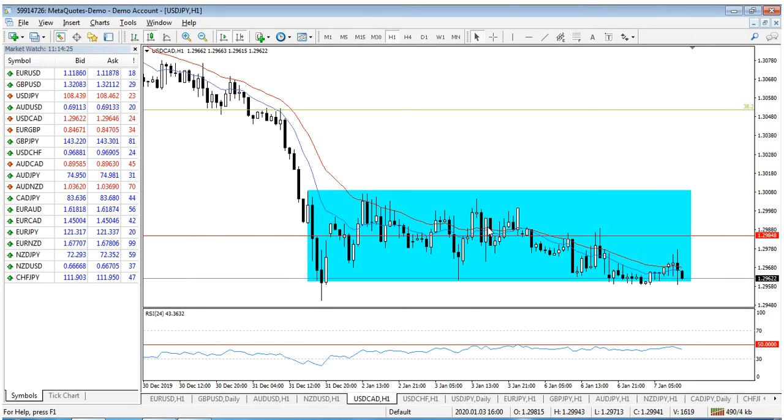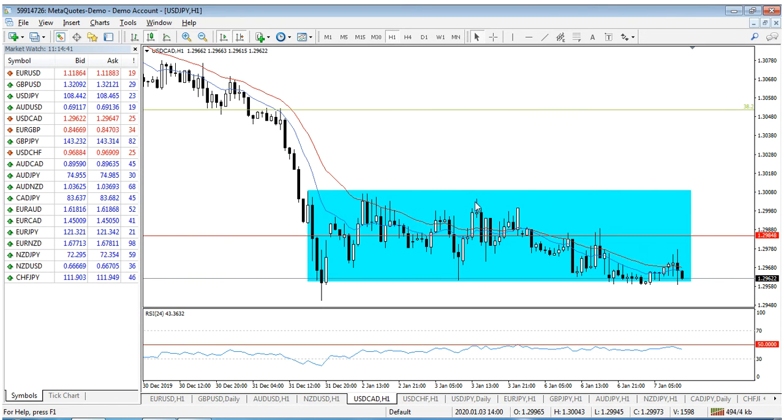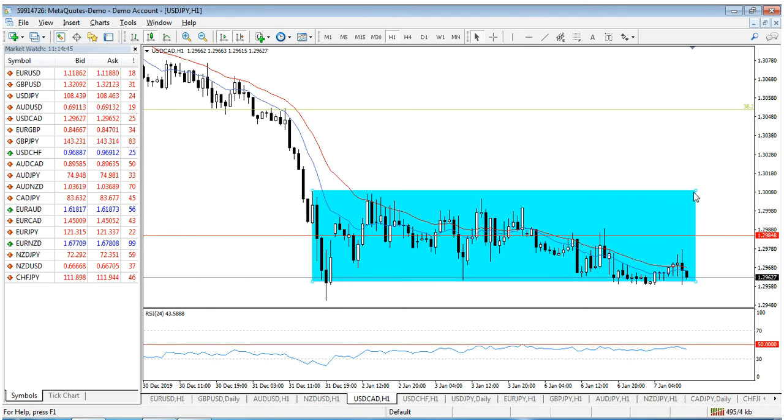USD CAD is really willing to go down, but not going down with a faster move because of the recent strength in the dollar. And this rectangle is not just a rectangle, because if we look at the movement after the formation of this high, this looks like a descending triangle. Yeah, it will be called a descending triangle, right?